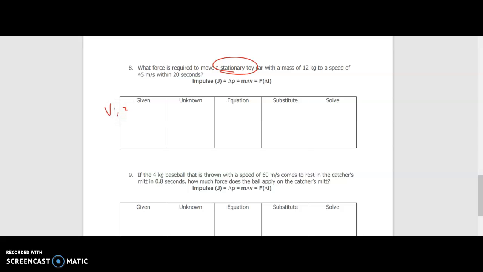So the initial velocity is 0 meters per second. The mass is 12 kilograms. It needs to get to a speed of 45 meters per second. That would be a final speed of 45 meters per second. And it needs to do it in 20 seconds. So that would be our time, 20 seconds.